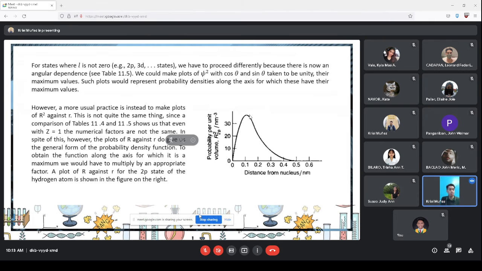Sphere lang for this one, since binigyan ka lang ng maximum, and then different values of r would give you different values for the wave function. So class, as you can see here, binigyan ka ng maximum. Okay? So hanggang dun lang yung electron natin.